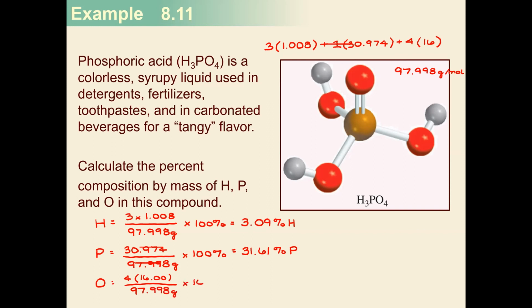Multiply that by 100%, and you should get 65.30% oxygen. If I were to add all of these percentages up, you will see that I end up getting 100%. So this is a successful percent composition analysis.